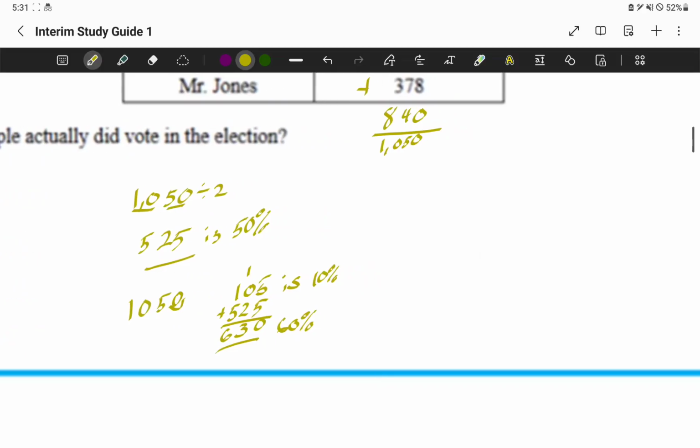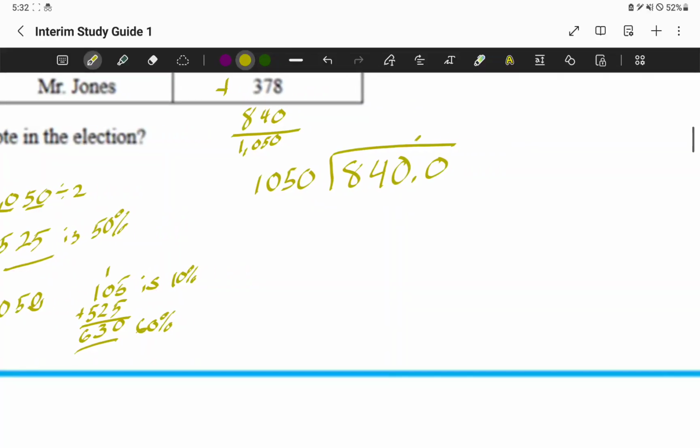Now, we can keep going and say, well, 840 divided by 1050 decimal 0, and do our long division. Well, 1 times 1050 is 1050.